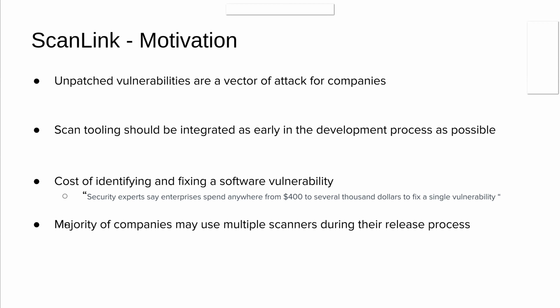As we also identified, the majority of companies use multiple scanners during the release process. Some companies have different types of scanners for code analysis, others for vulnerabilities, or even multiple types of scanners for vulnerabilities. We have seen this use case.